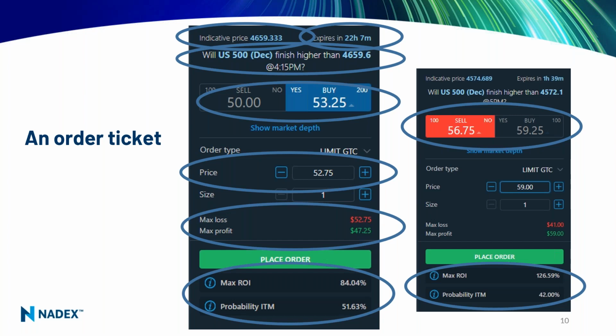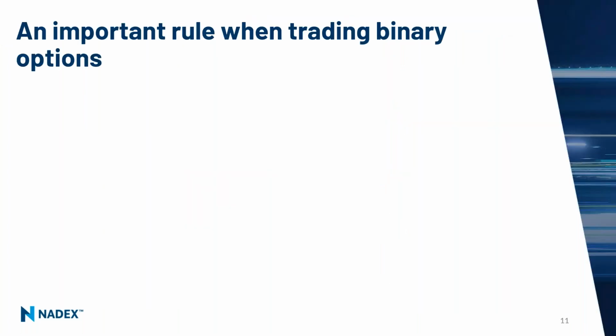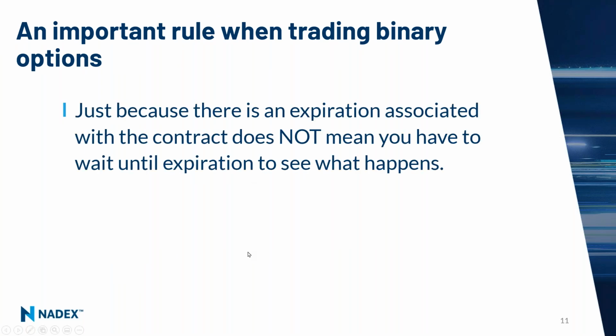Now that probability is going to change over time. So when I emphasized in the end, it can only go to one or the other. This is really important at Nadex, and this is not necessarily true of a lot of other binary option providers. When you are trading binary options, just because there's an expiration associated with the contract does not mean you have to wait until then to see what happens.